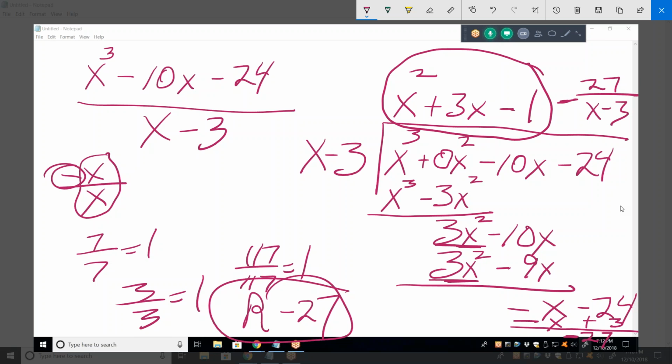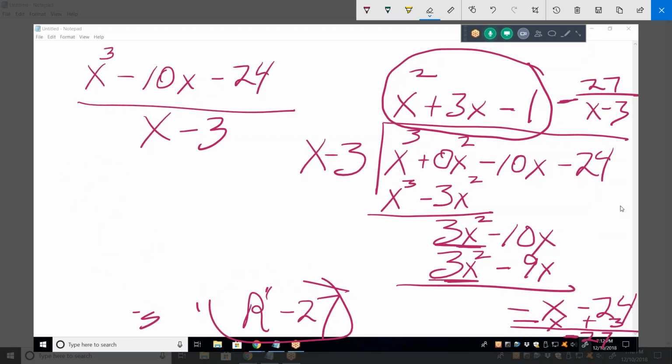Now, have they taught you synthetic division? Yeah, but I still kind of don't understand it a ton. Let's go over it. It's actually easier. Once you understand it, it's easier, and the reason is that you don't have to do subtraction the whole way.